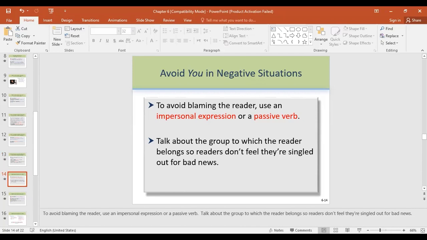Talk about the group to which the reader belongs, so the readers don't feel they are singled out for bad news. You have to be aware of this point. Talk about a group in general, but this group is related to your certain reader, so the reader here will not feel that he is singled out for bad news.